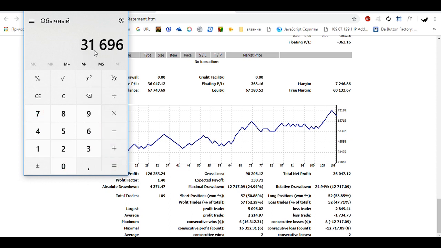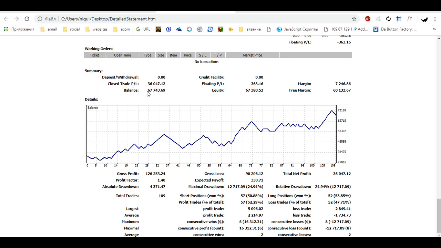I started from 31k roughly, and I generated 36k already on top of this 31k. So I doubled my account already. I will try to generate a bit more, but if I generate enough, I will simply stop trading till the end of this year and return to trading next year.